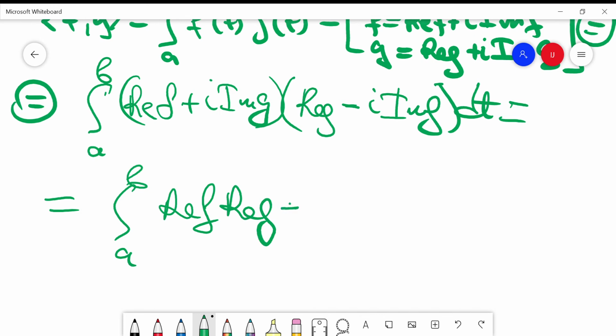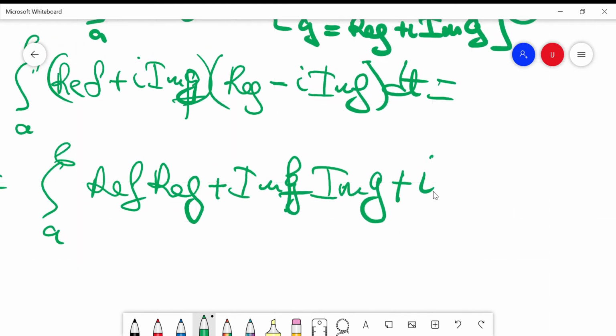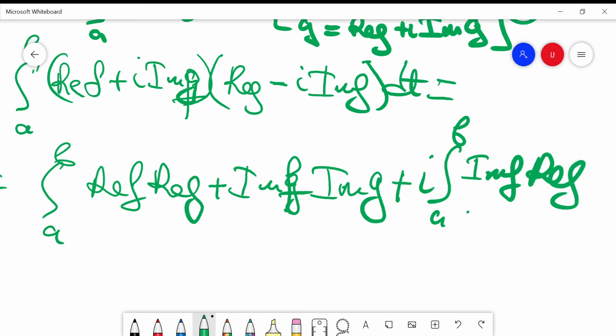Let's write the real parts first. Pardon, it should be f, plus the imaginary part of the equation, and minus f imaginary.